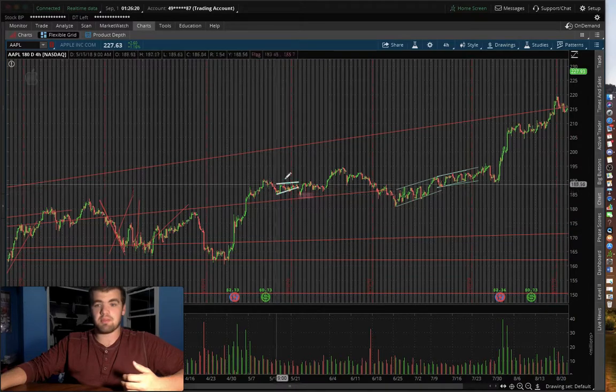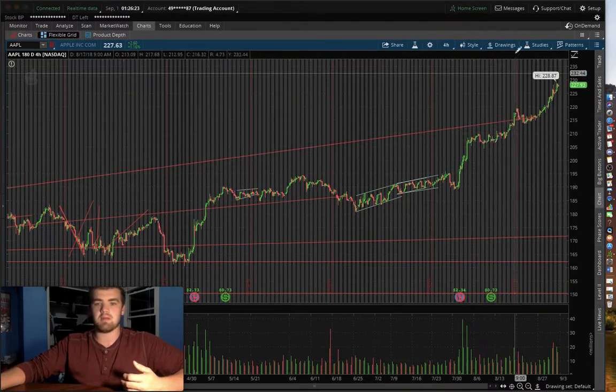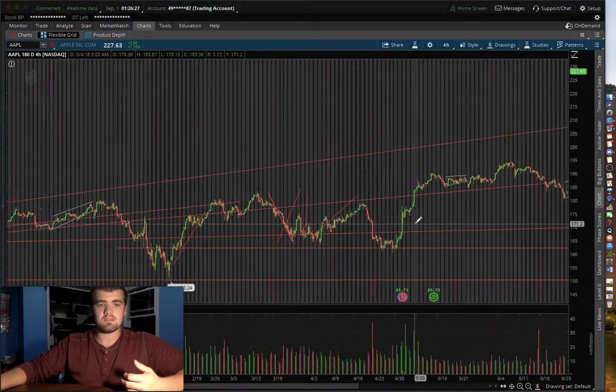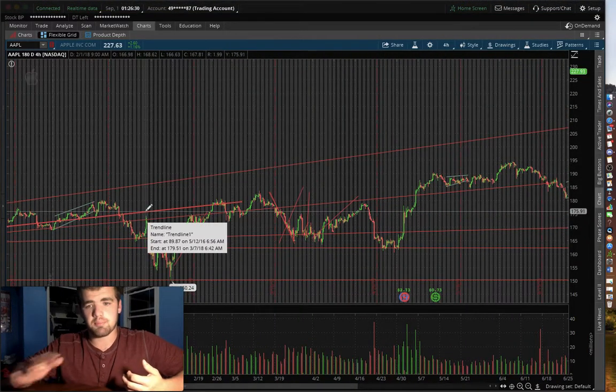Now it bounced from here and just kept going up. It caught momentum, caught fire, and boom, it rocketed up. So the support is where buyers tend to enter.